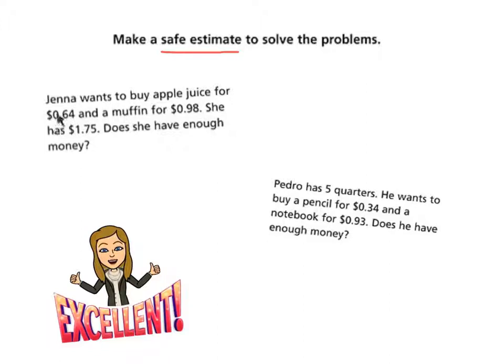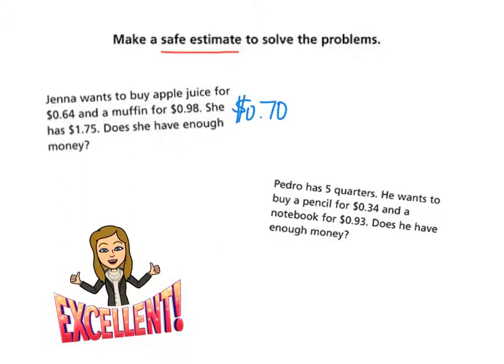This example problem says that Jenna wants to buy apple juice for 64 cents and a muffin for 98 cents. She has $1.75. Does she have enough money? For a safe estimate, we're always going to round up. So 64 cents, instead of rounding to 60 cents like I normally would, I'm going to round it up to 70 cents. Again, I'm making a safe estimate.